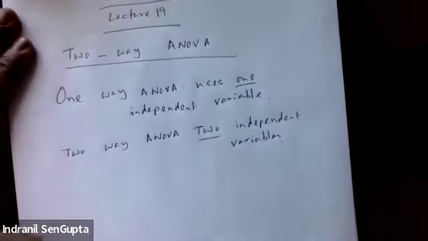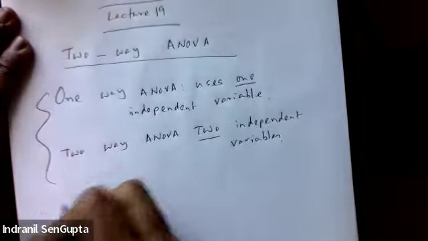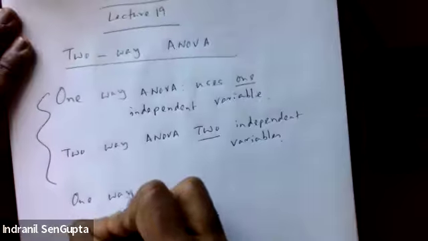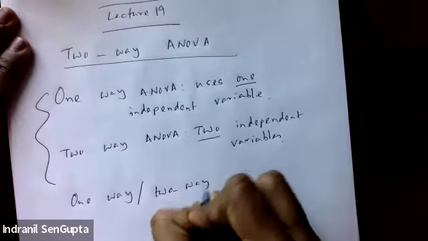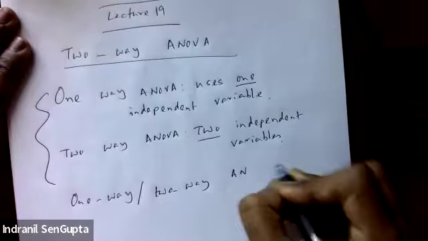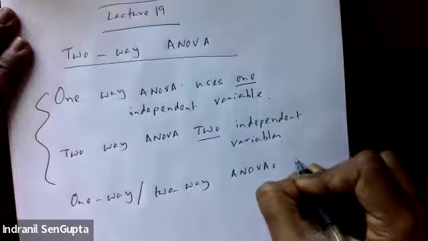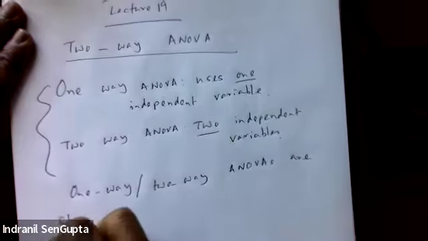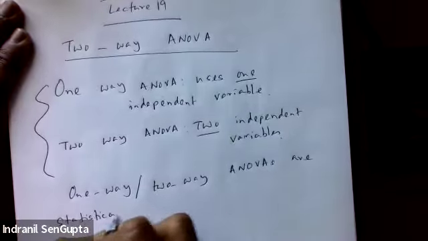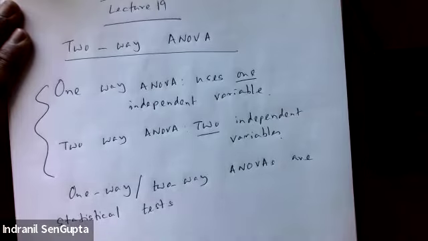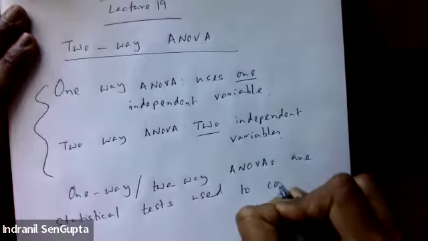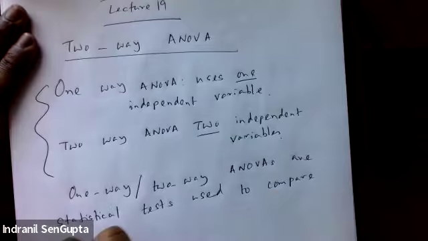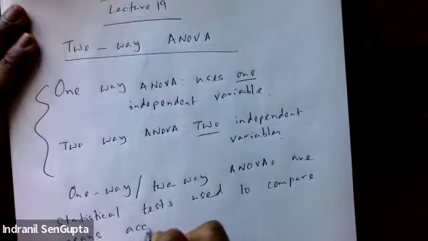So in general, one-way or two-way, the ANOVAs are statistical tests used to compare means across different groups.